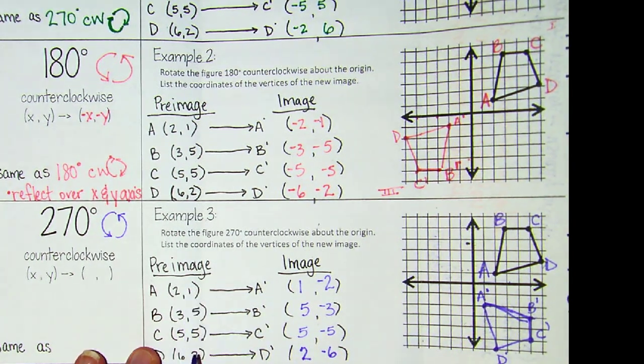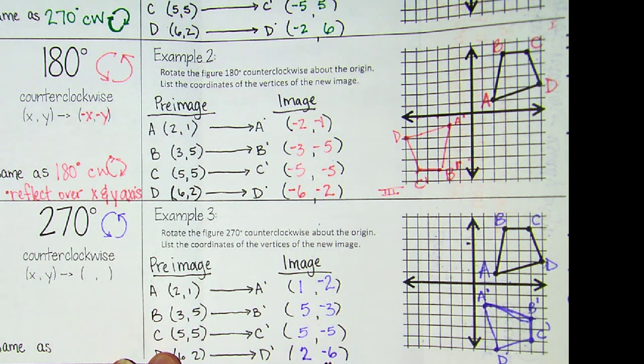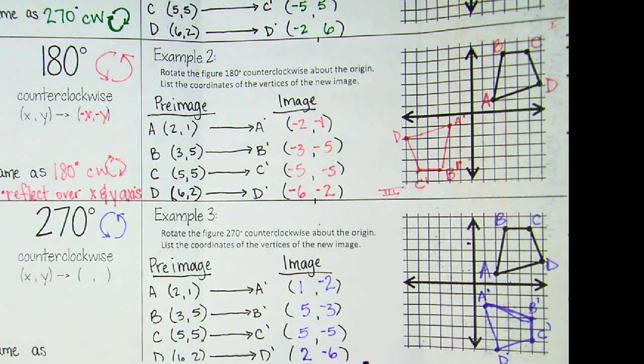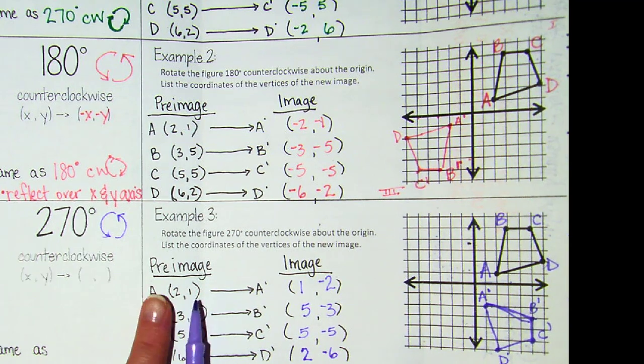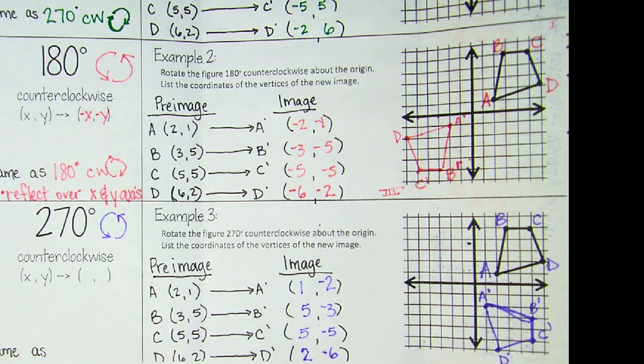Comparing the pre-image coordinates with the image coordinates, what pattern do you see? Do you see that the X and the Y numbers switch places?